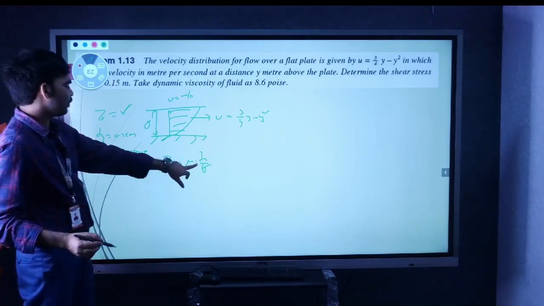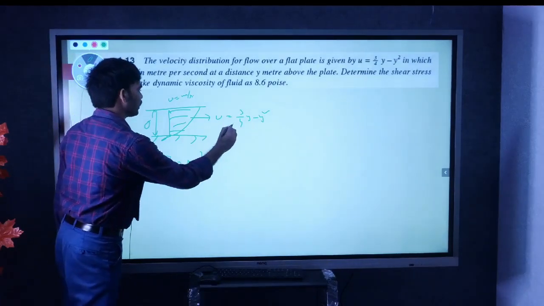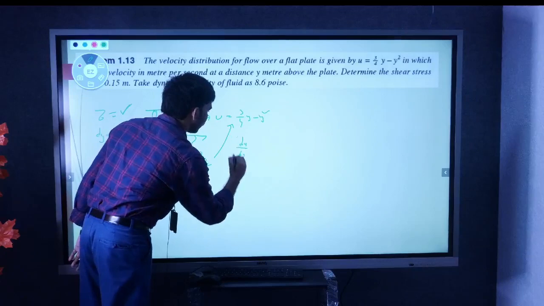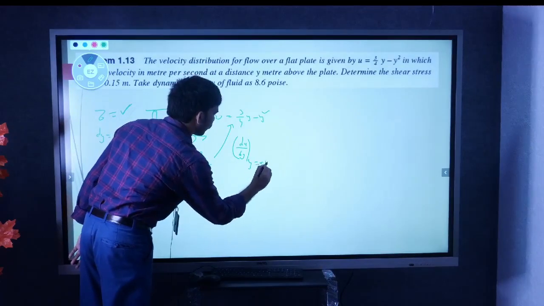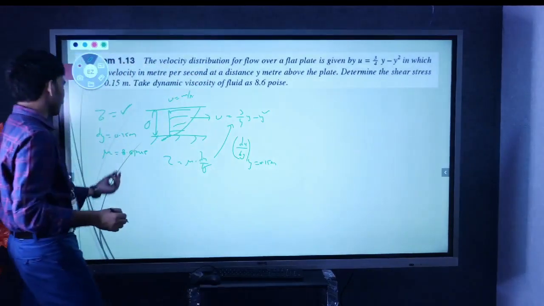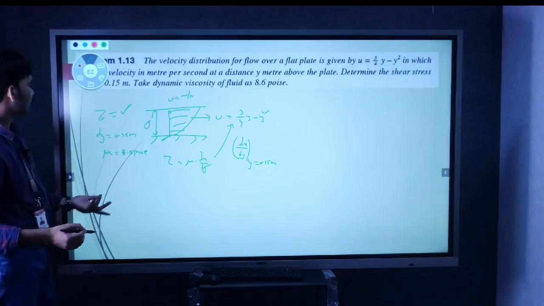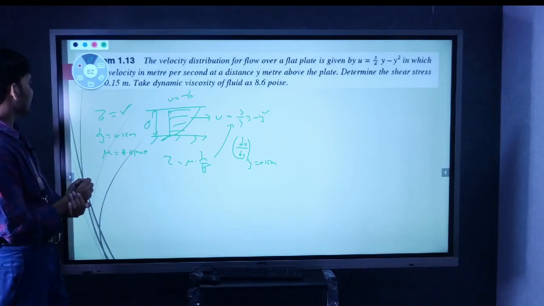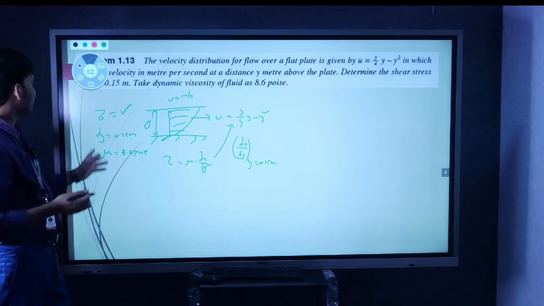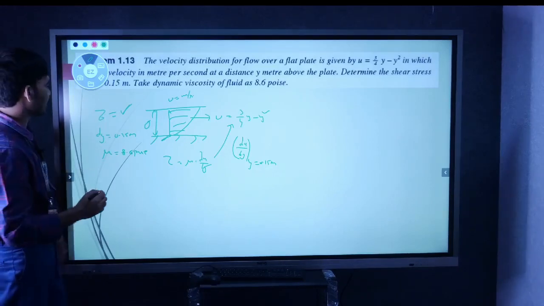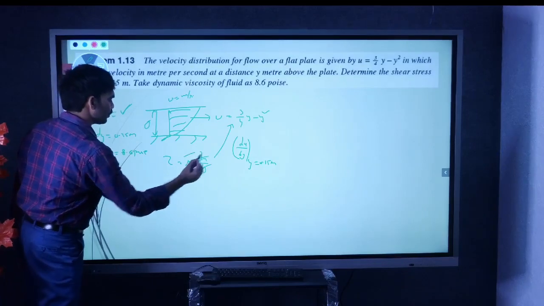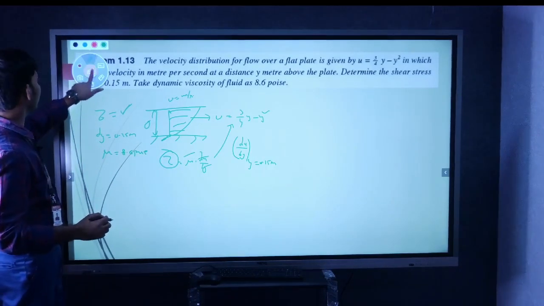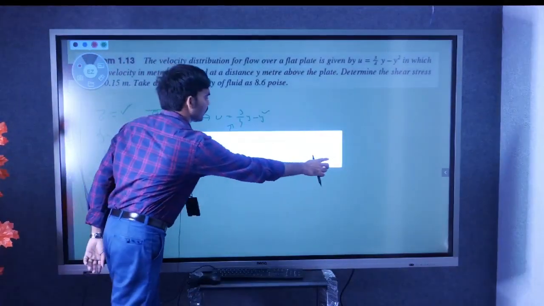You have to calculate du by dy from this equation at y equal to 0.15 meters and substitute. Mu is already given, so convert it into SI units. Then you can calculate the shear stress using this formula. It's a very easy problem. We already solved probably the same numericals, right?